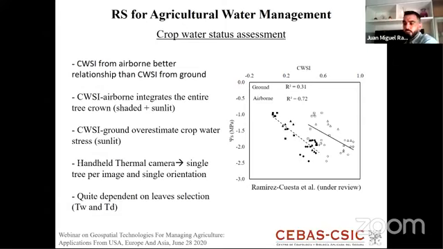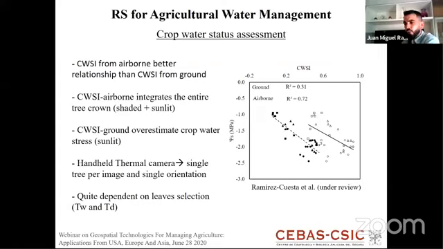Such intracrop heterogeneity was also partially feasible using handheld thermal cameras, with the main inconvenience that these sensors are not able to capture in a single image both the shaded and sun exposed parts of the crown due to their lateral point of view.